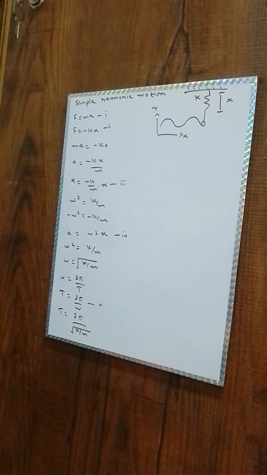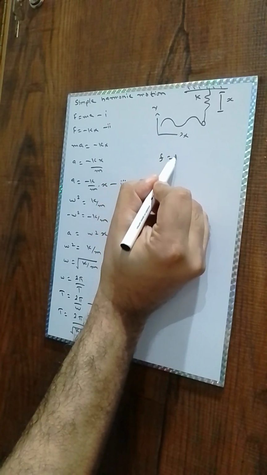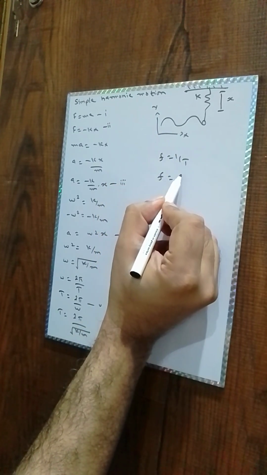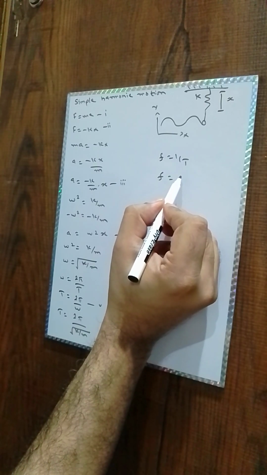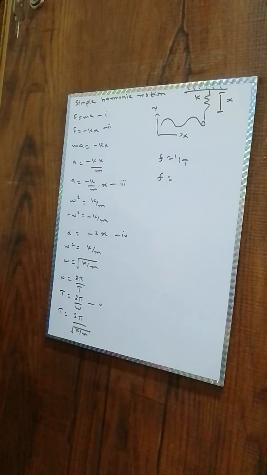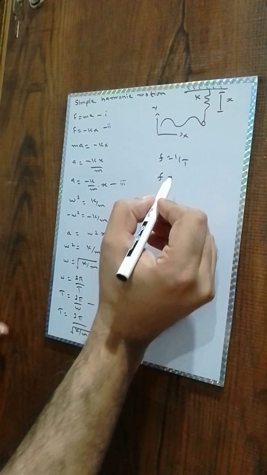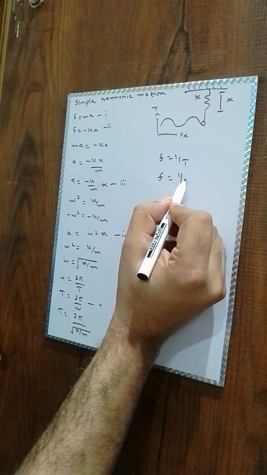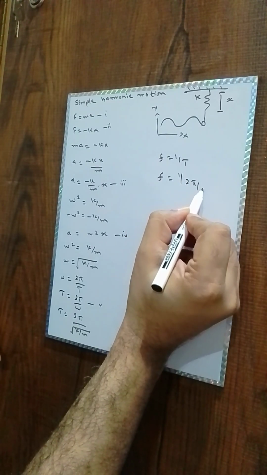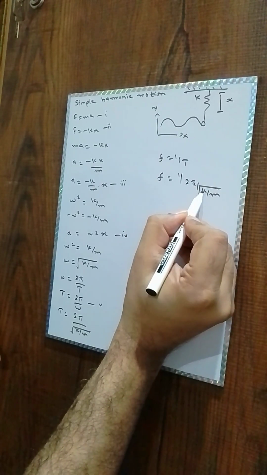Okay, and as f is equal to 1 by T, so f will become 1 by 2 pi by k by m under the root.